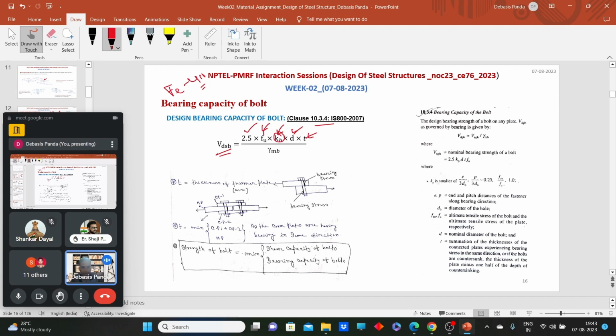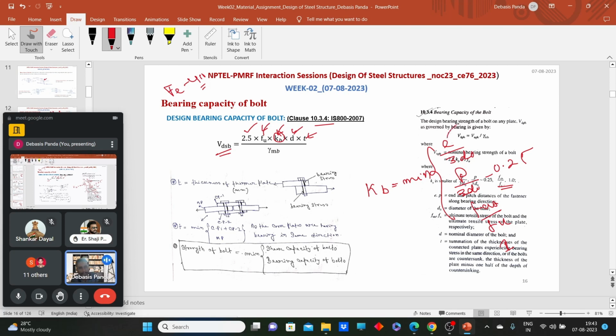So the kb value is the minimum of four things: e by 3 d naught, p by 3 d naught minus 0.25, fub by fu, and 1. That means the factor value should be less than 1.